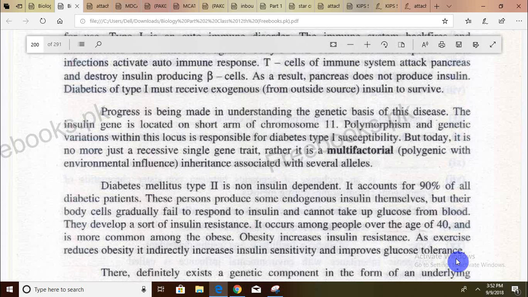These persons produce some endogenous insulin themselves, but their body cells gradually fail to respond and so cannot take up glucose from the blood because they are not responding to the insulin which is itself present, and they have developed an insulin resistance. Occurs among people who are older than 40, more common among the obese.